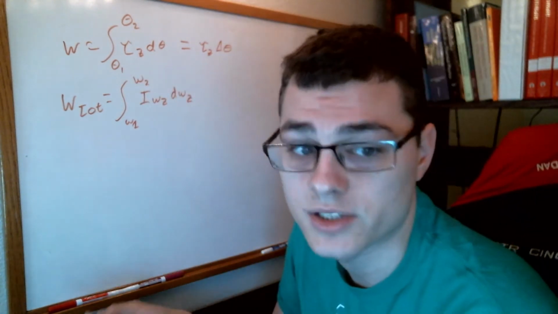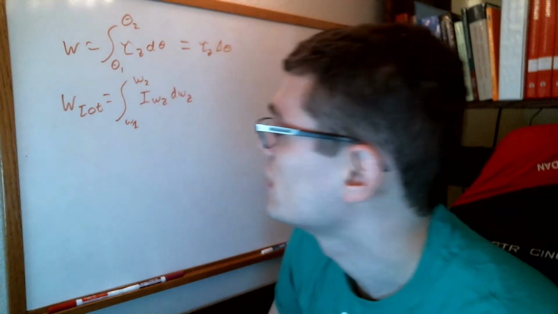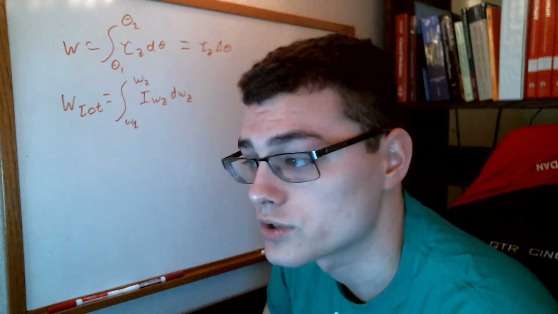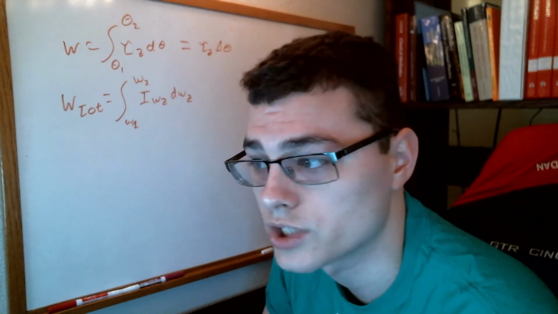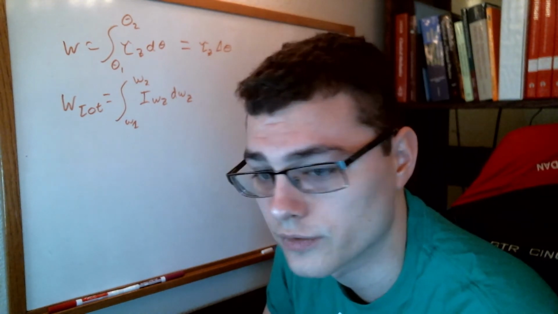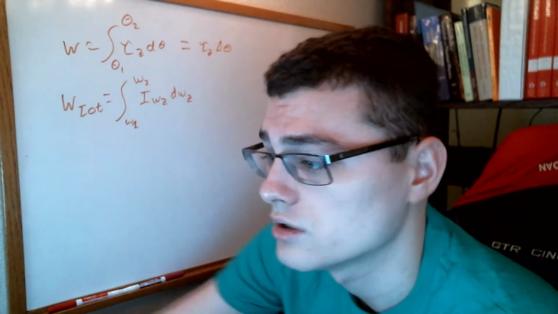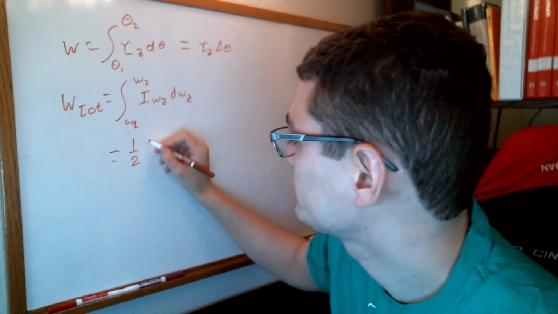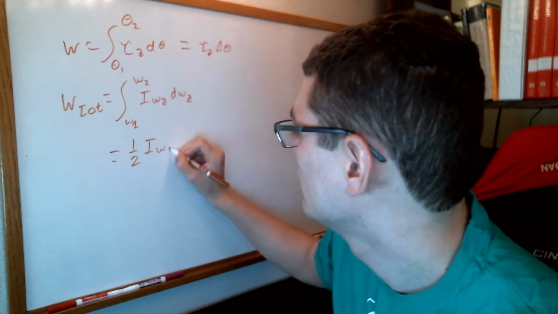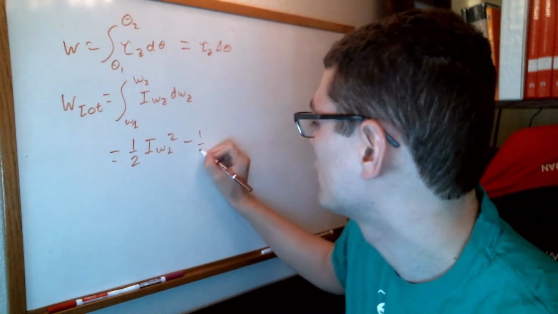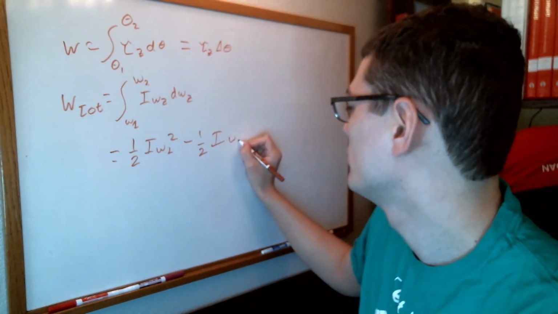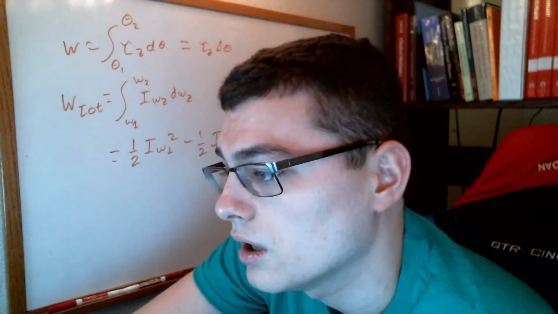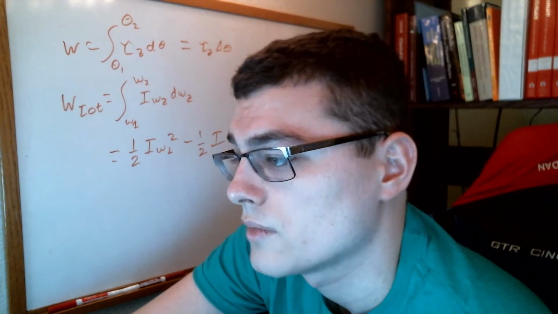And that's basically the same thing as saying that the work is equal to the difference in the kinetic energy. So rotational work is going to be equal to the difference in rotational kinetic energy. So this yields 1/2 I omega 2 squared minus 1/2 I omega 1 squared. So it's basically the same thing. What about power?